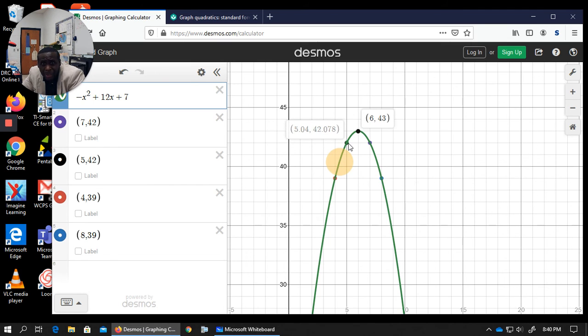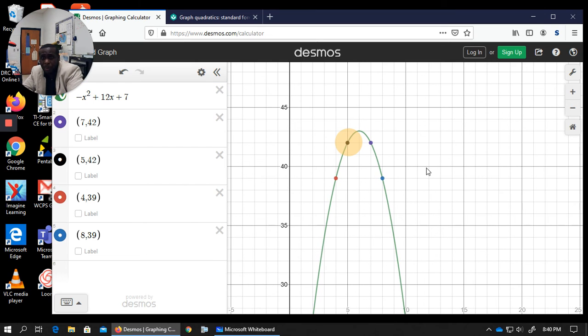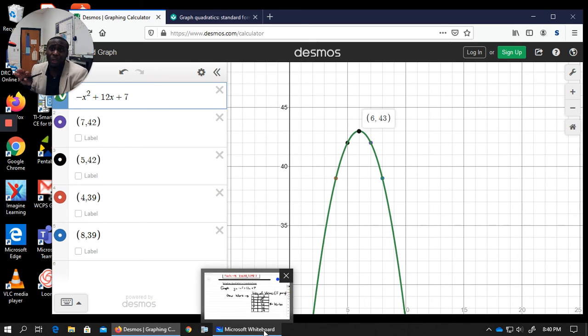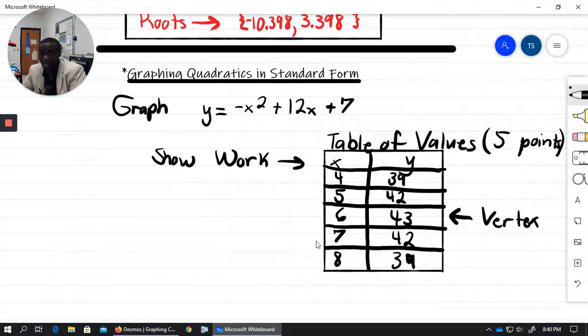So you should be able to identify the closest points to it that are whole numbers, where the x value and the y value are both whole numbers. But yeah, all right. And so once you do that, that will be you showing the work for me, just writing down that table of values for that particular graph.